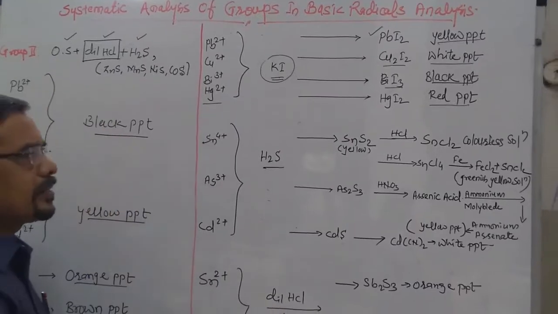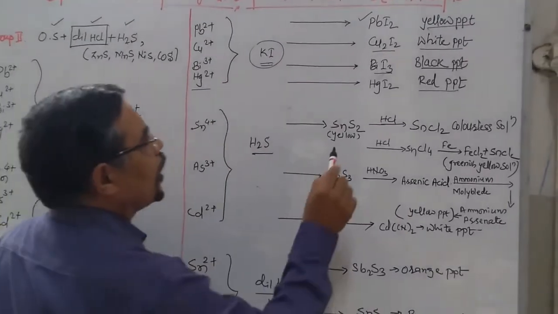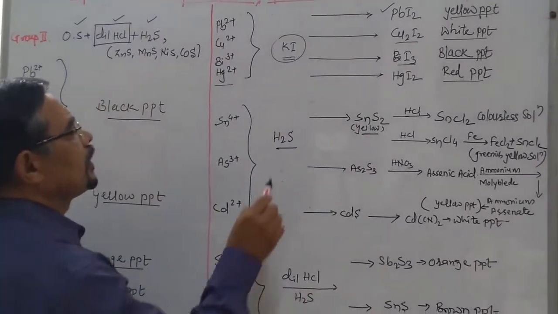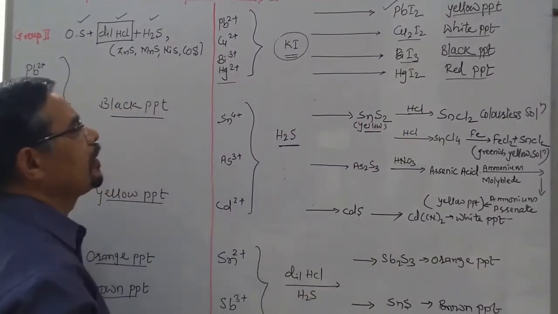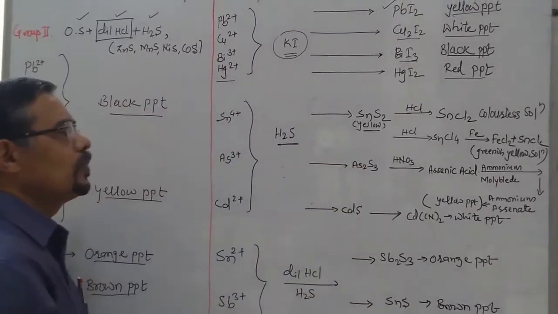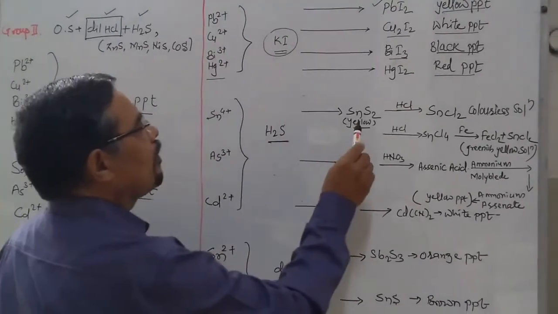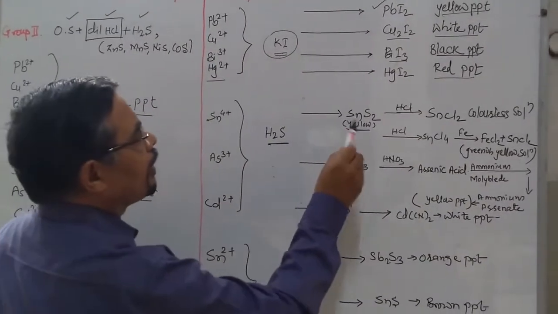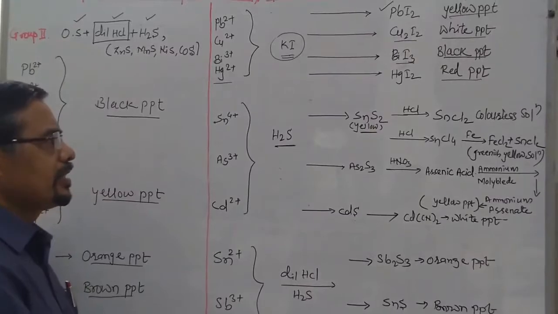In the same test, if we get yellow colored precipitate, that indicates that when excess H2S is added, Sn4+ forms SnS2, that is stannic sulfide, and it is a yellow colored precipitate.